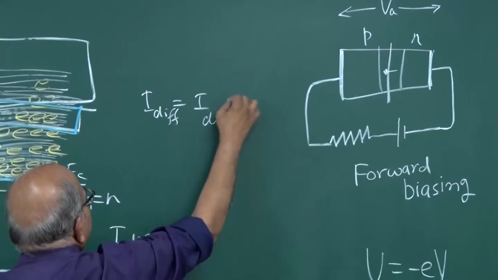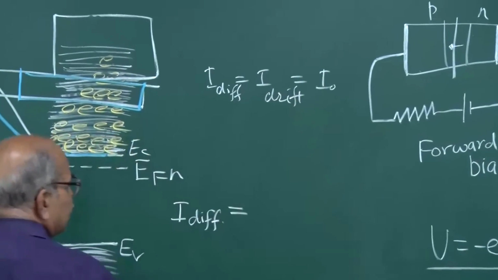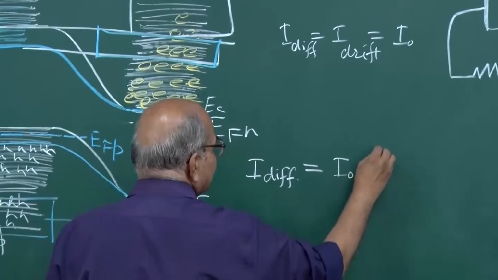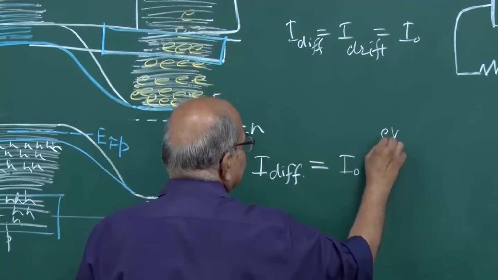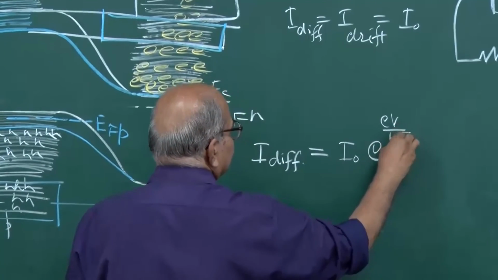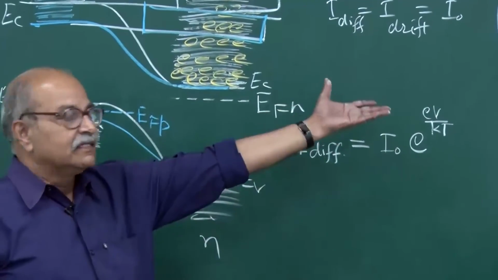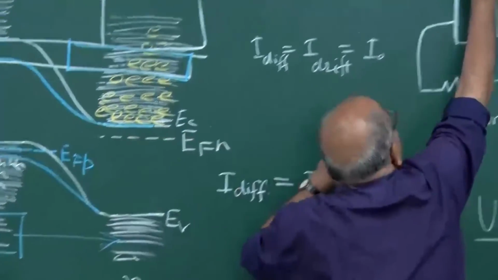If you call it I naught, then now the diffusion current is I naught multiplied by some exponential factor, which is in fact e to the power EV by KT. Diffusion has increased. This V is this V, VA.